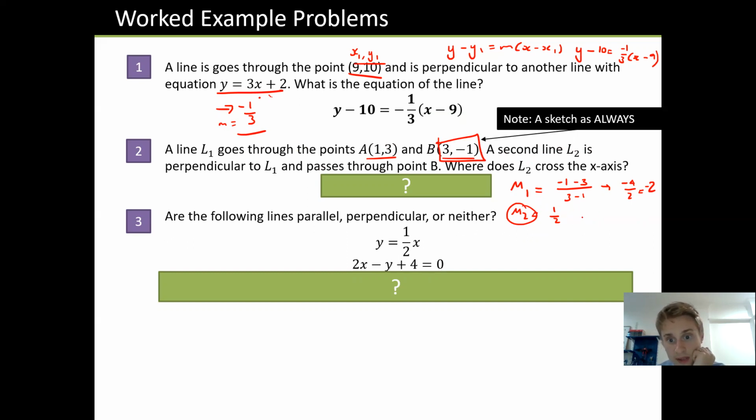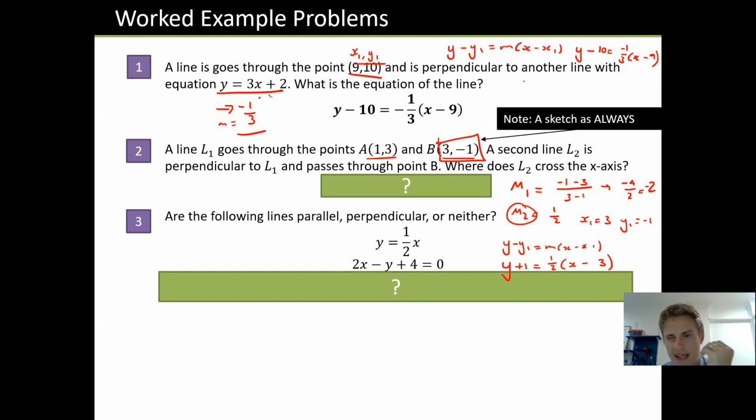I'm going to use that with x1 is 3, y1 is minus 1. I plug the numbers in. y minus y1 equals m(x minus x1). I'm doing all of this because it says, where does it cross the axis? I will only know this when I have the equation. So y minus minus 1, which is y plus 1, equals a half of x minus 3.